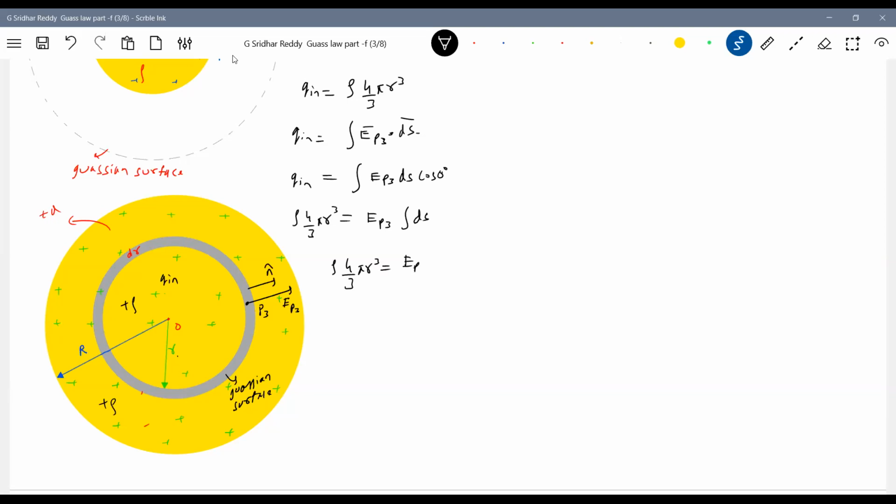The field strength, I don't know. What is the surface area of this? What is the ds? It is an elemental patch. So integral of ds, what should it give? 4 pi r square.